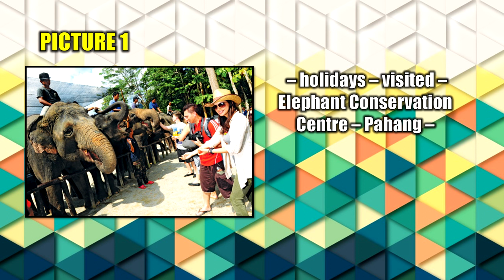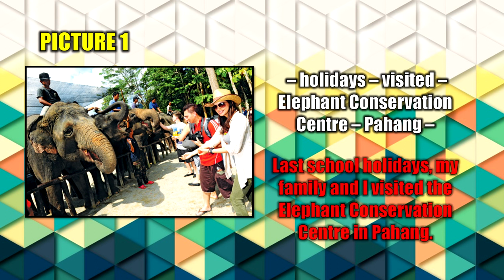Number 2, preposition in to show location. Pahang, in Pahang. So, the sentence is: last school holidays, my family and I visited the Elephant Conservation Center in Pahang.